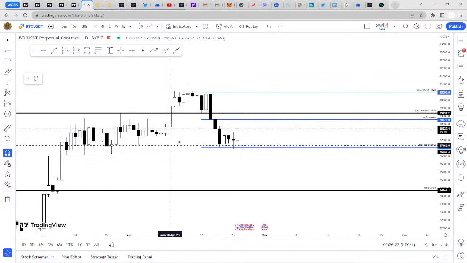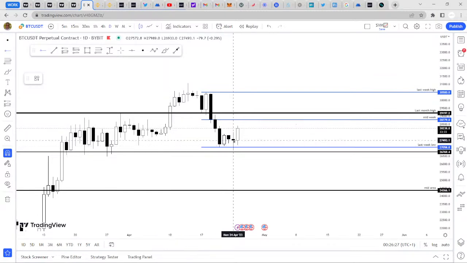So this candle is Monday's candle. If you look there, you see that's Monday's candle. So let's mark out Monday's range.